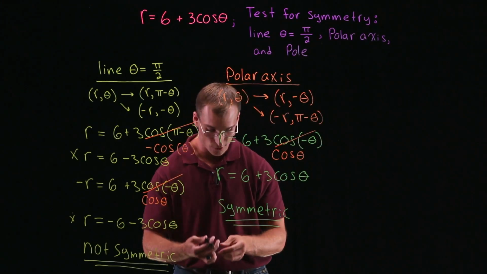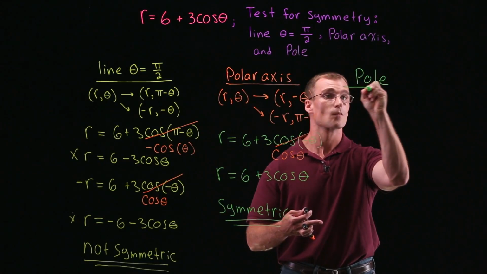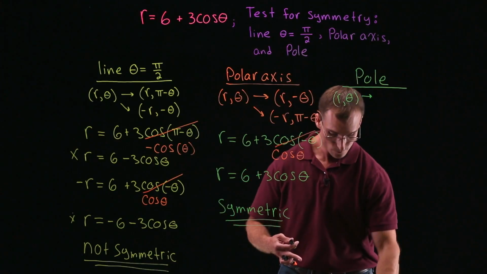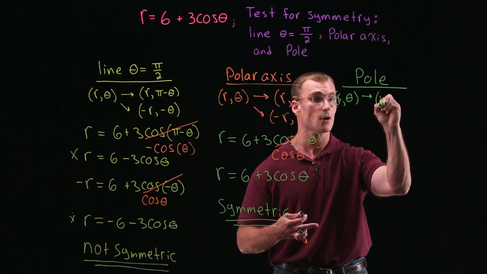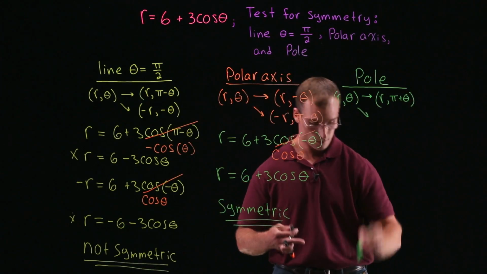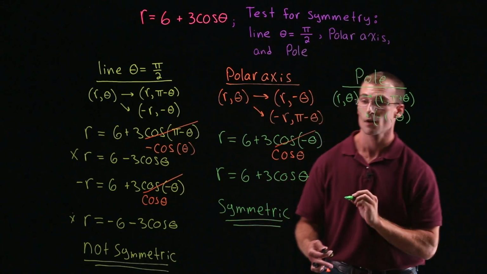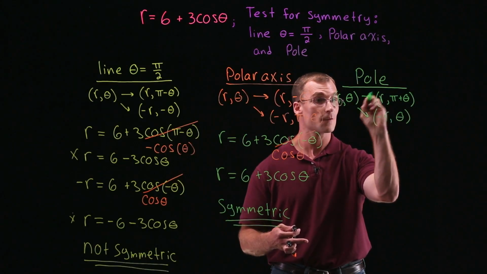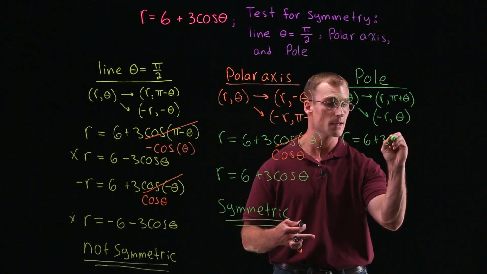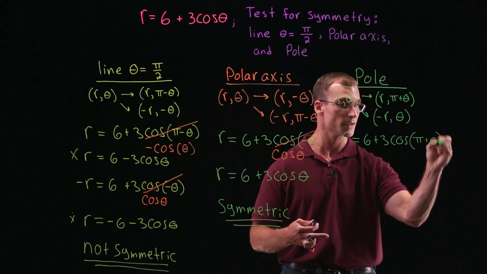Okay, last one: let's look at symmetry with respect to the pole. Same thing, we can make substitutions of r and theta. We can use the points r, pi plus theta, or the point negative r, theta. So let's take a look. The first point gives us r equals 6 plus 3 cosine of pi plus theta.